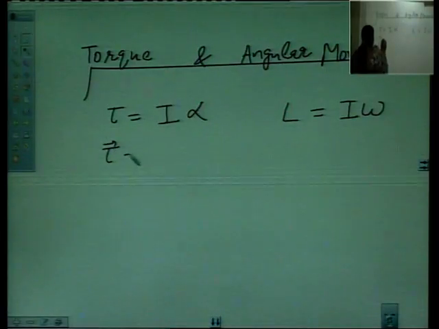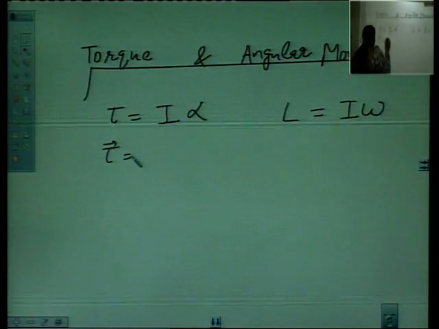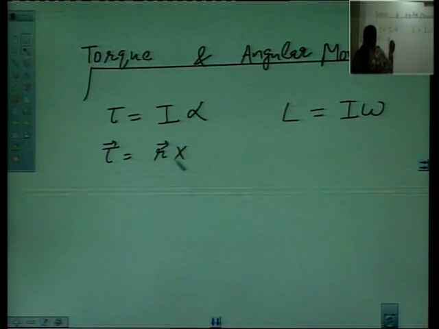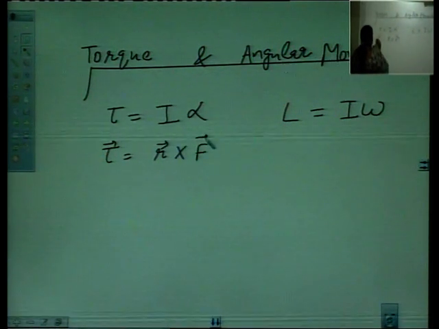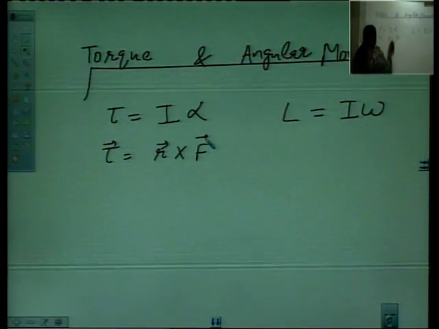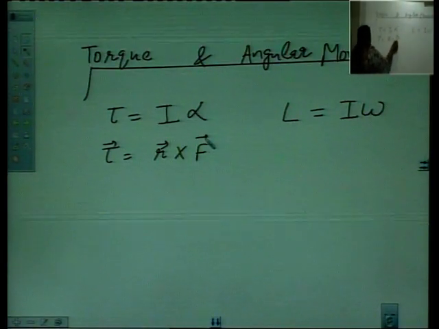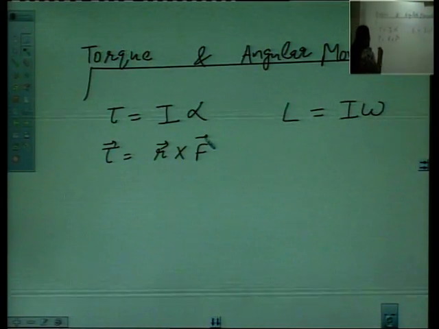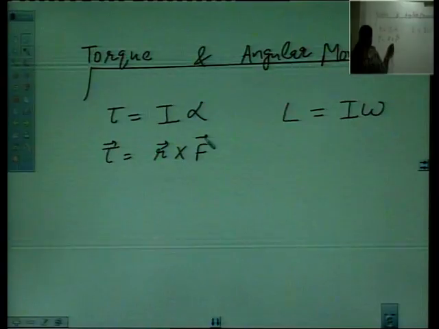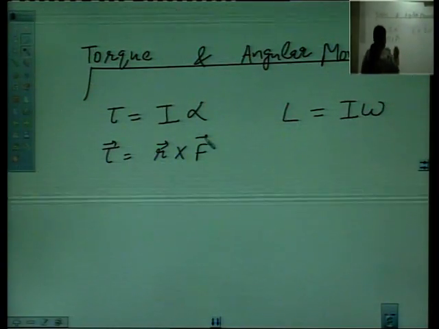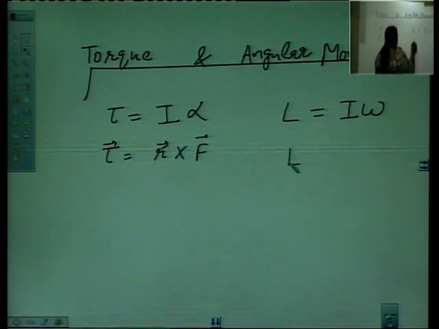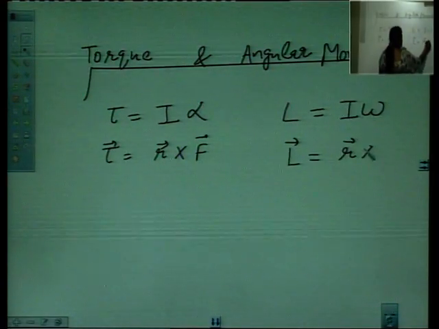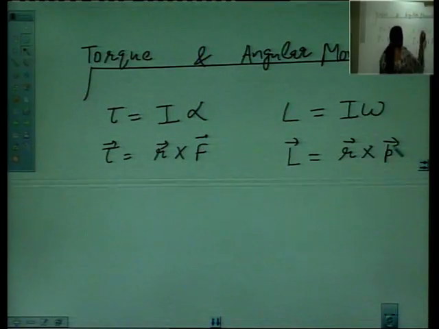Another relation of torque is with the force. Torque is equal to r vector cross F vector. F is force, this is in the linear motion, whereas torque is the twisting effect of the force in the rotational motion, and angular momentum L is equal to r vector cross p vector.